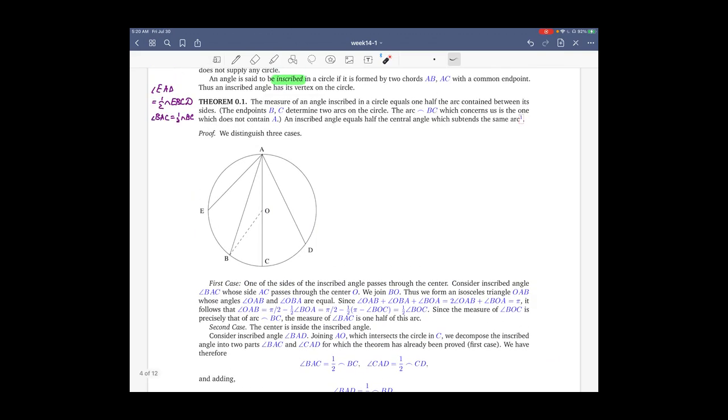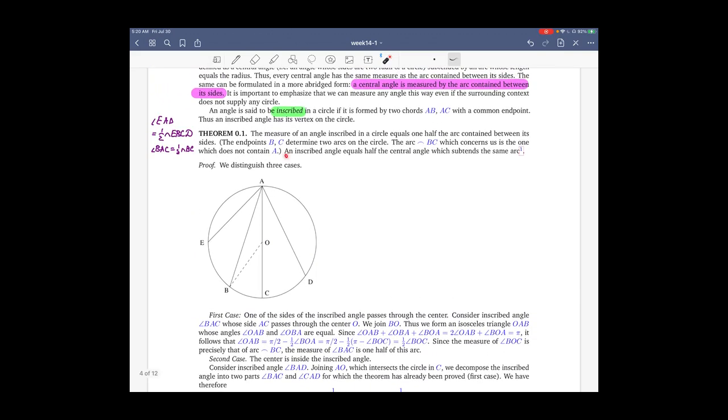The second part of the statement follows from the first one. Because the inscribed angle is half the arc contained between its sides, and an arc measures the corresponding central angle, it follows that an inscribed angle is half the central angle subtending the same arc.